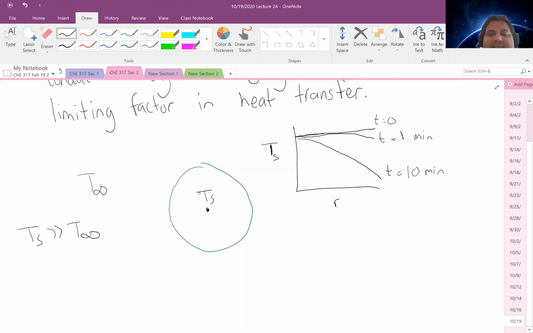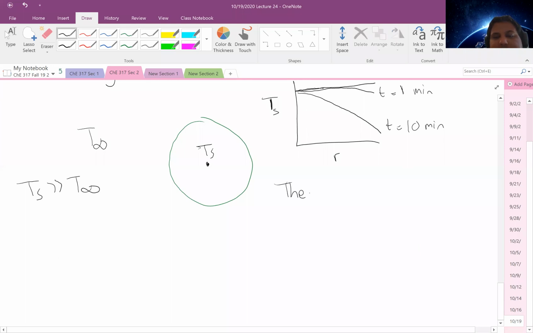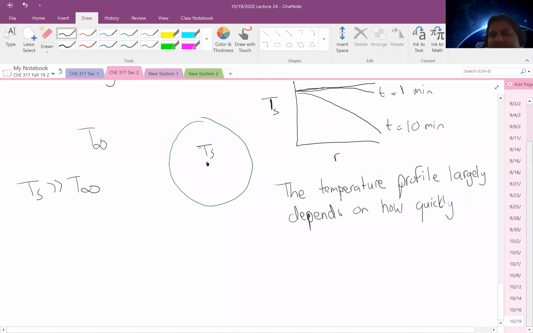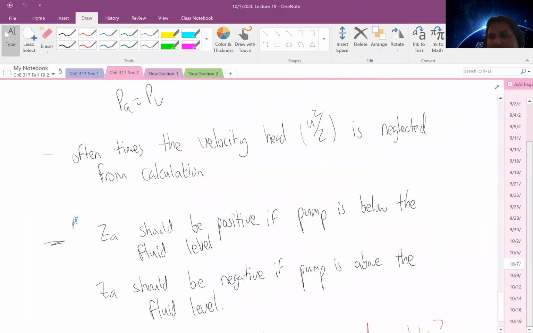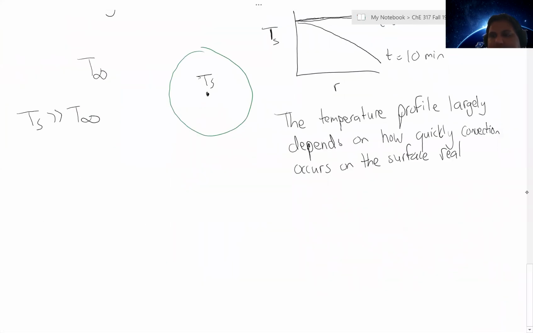However, the nature of the temperature profile largely depends on two things: on how quickly convection occurs on the surface relative to conduction within the sphere.